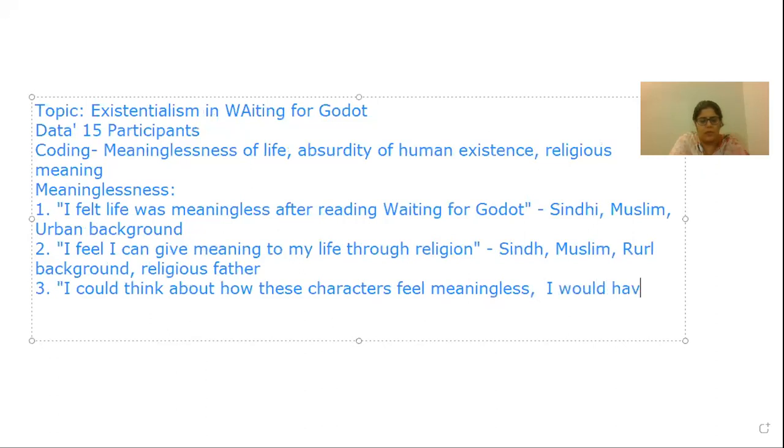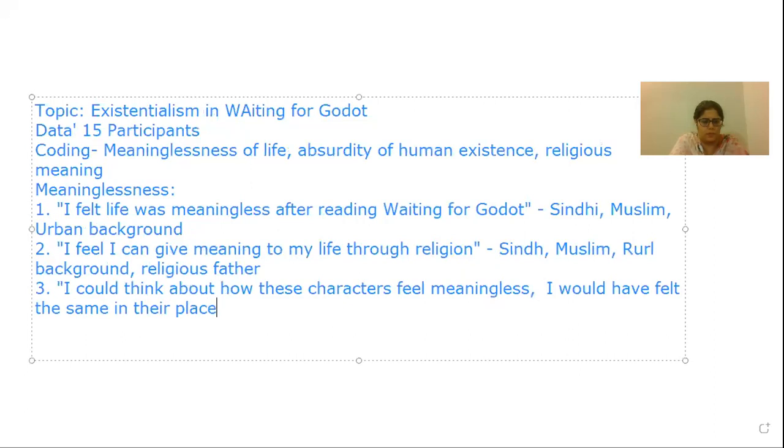I would have felt the same in their place. Urdu, religious, urban.